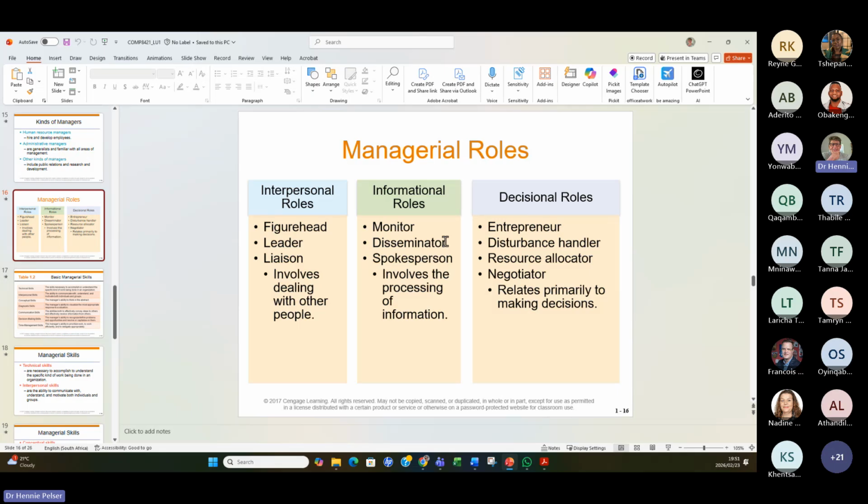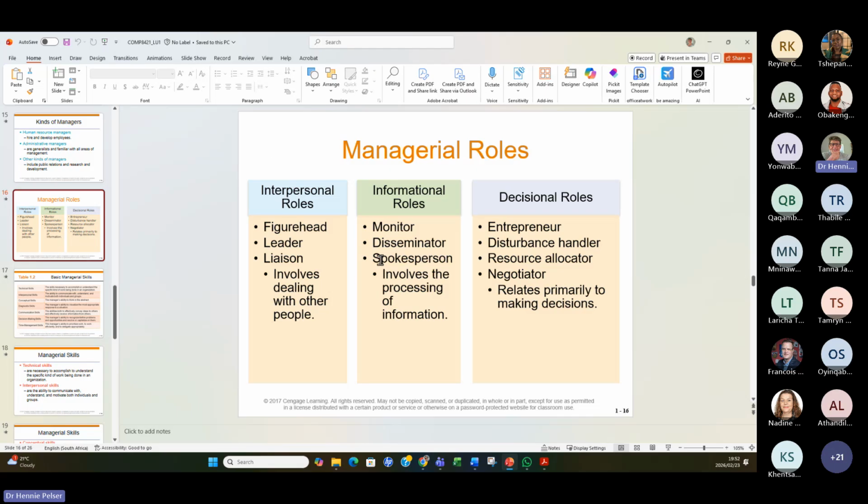Remember the thinking in terms of the informational role is to allow people to have every bit of material available to keep the organization light on its feet, allow the organization to adjust very rapidly. And the spokesperson, this is the person that will interact with individuals, that will talk to external groupings, that will represent the organization in the newspaper, etc.